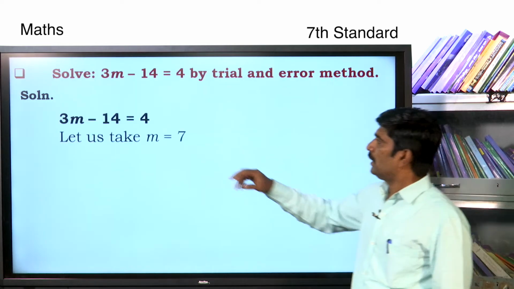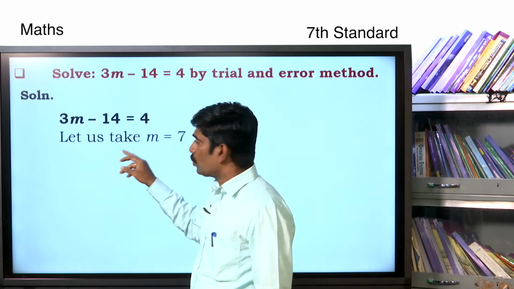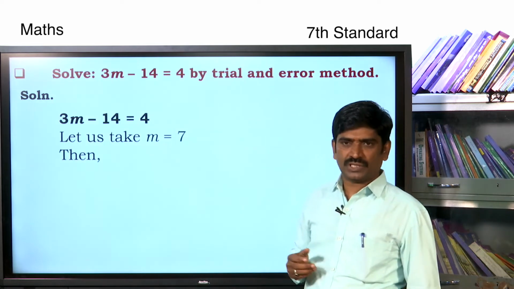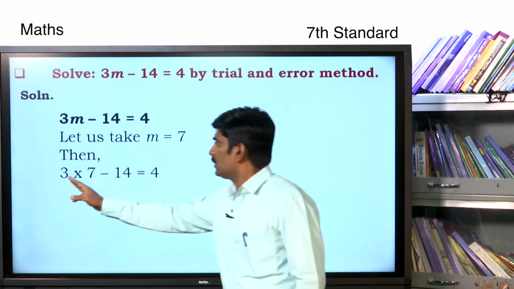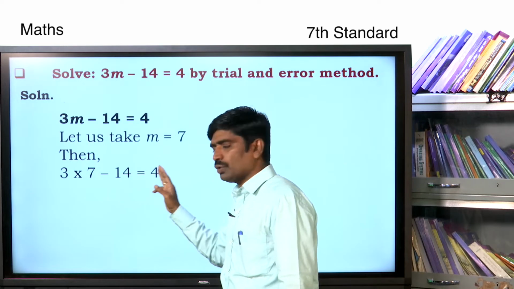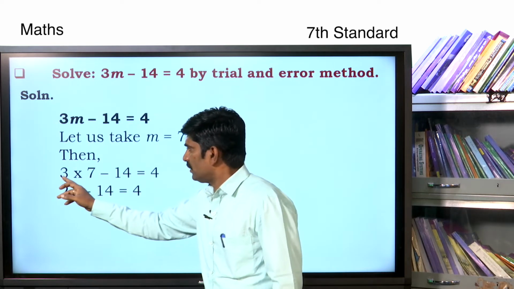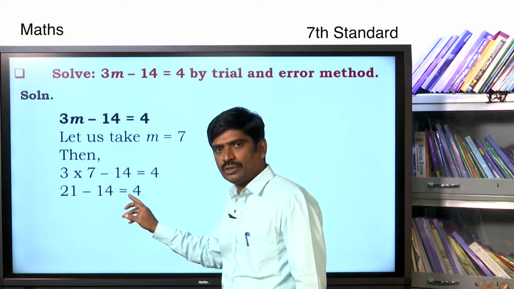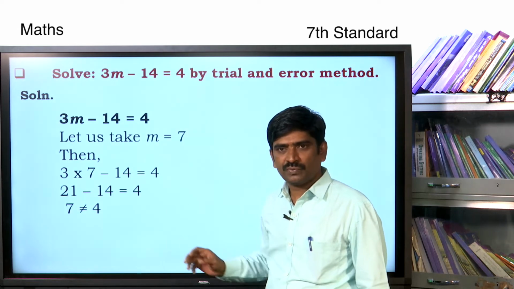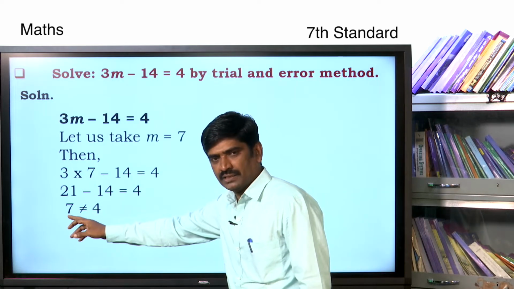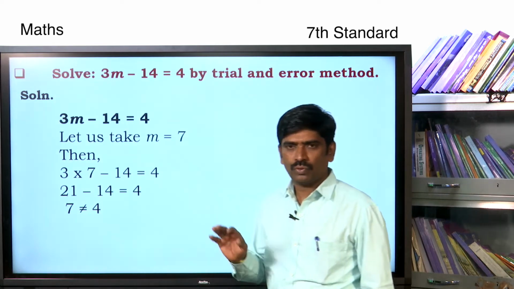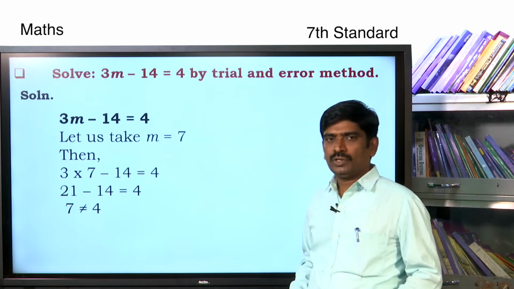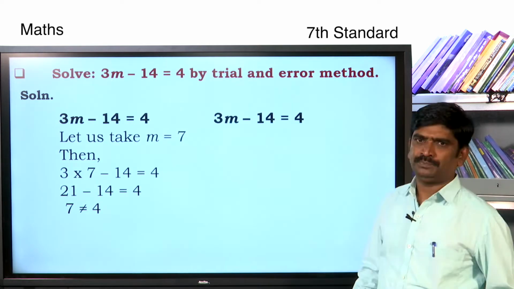Then let us take m is equal to 7. 3 into 7 minus 14 is equal to 4. 3 sevens are 21, and 21 minus 14 is 7. 7 is not equal to 4. That's why here also the solution is wrong.